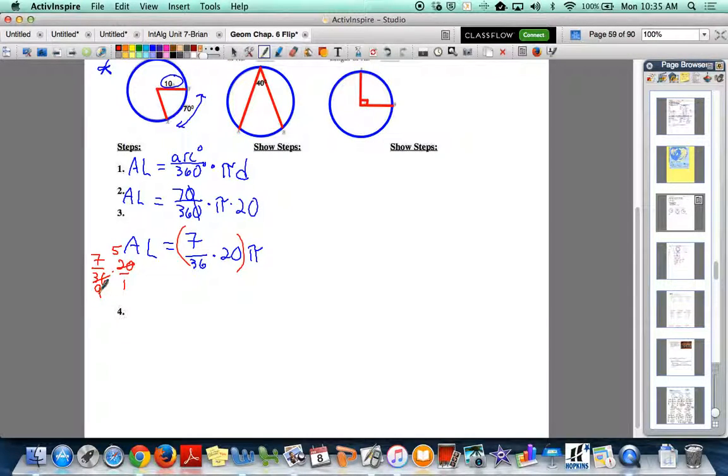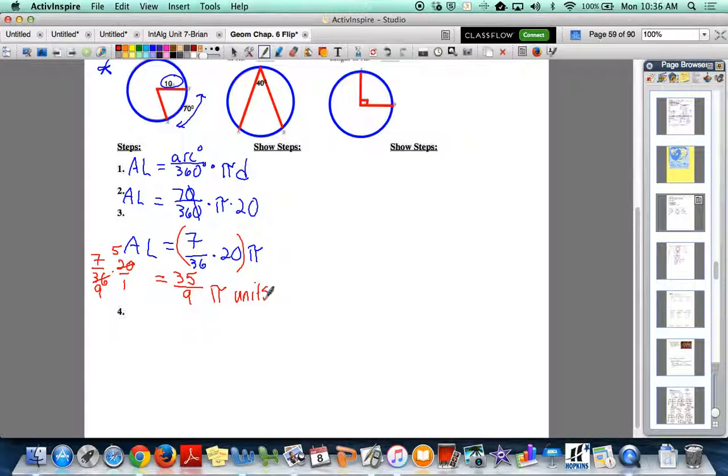So therefore, when I am multiplying this across, I can do 7 times 5, which would be 35, and 9 times 1, which would be 9, and then pi's off on the side here, and that would be my arc length as an exact answer in units. 35/9 is not really a super nice fraction to look at.